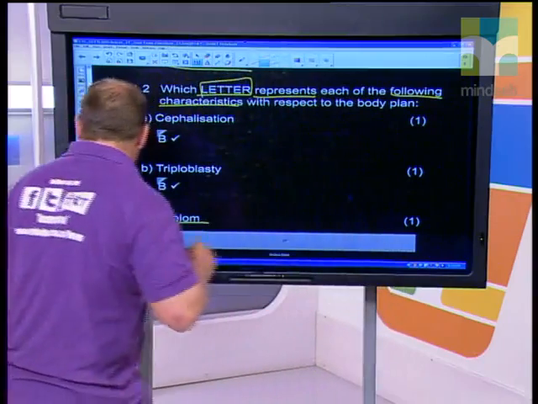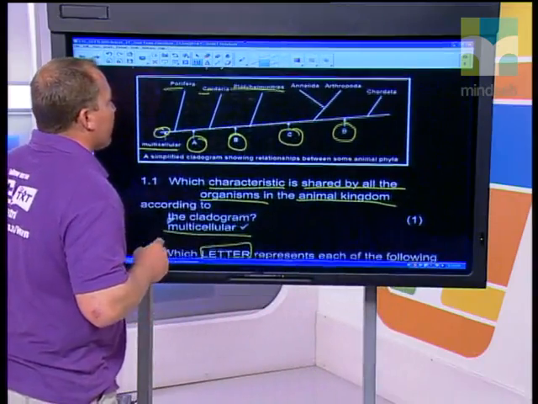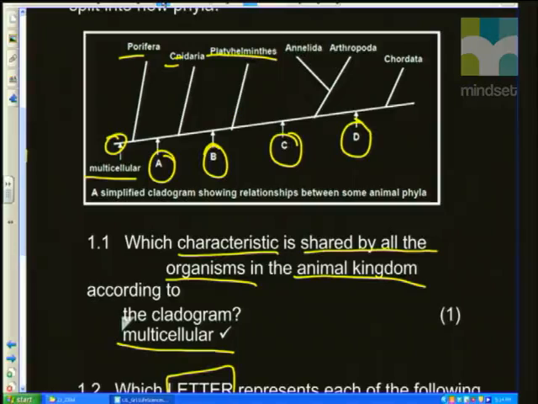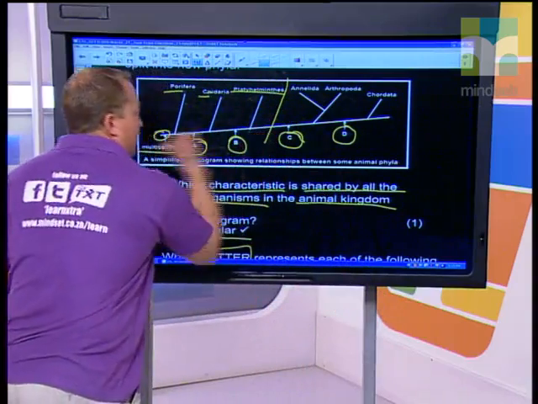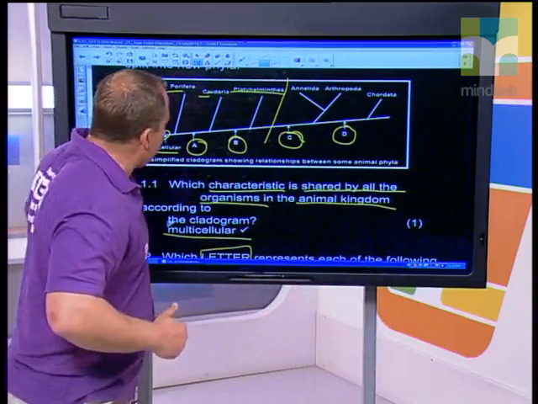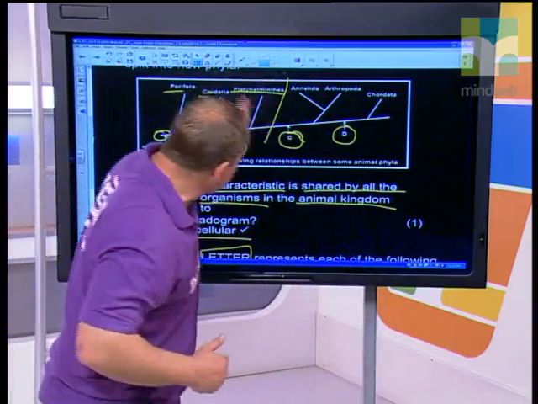So if Platyhelminthes, that piece there, is a false coelom, that means everything from C onwards is a true coelom. So B backwards, all the way up to Platyhelminthes, and C onwards would be your coelom.